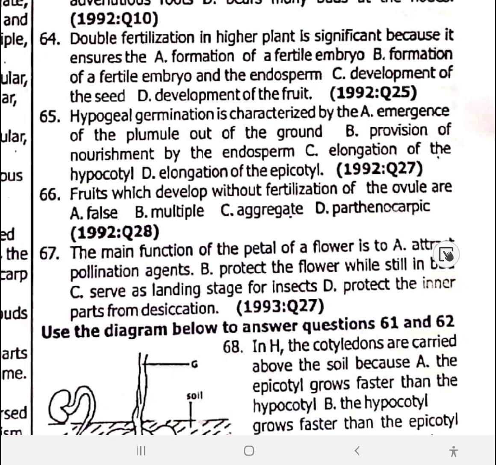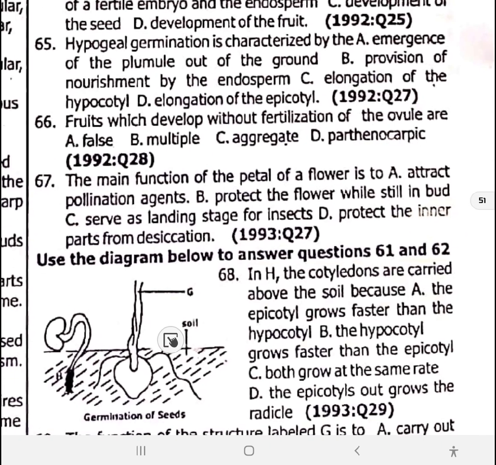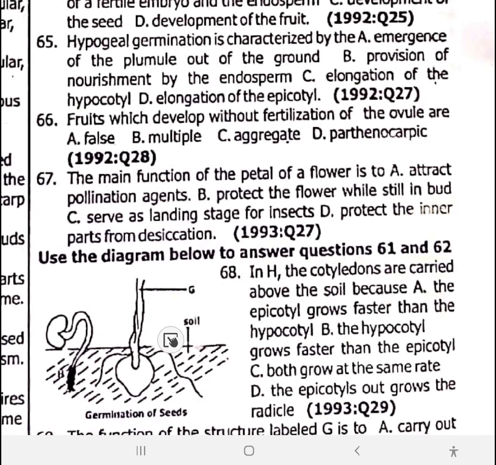So 67, the petals attract while the sepals protect. The sepals are also called calyx. The petals could also be called corolla, because they are colorful. Sometimes they are scented also, because they attract the insects.